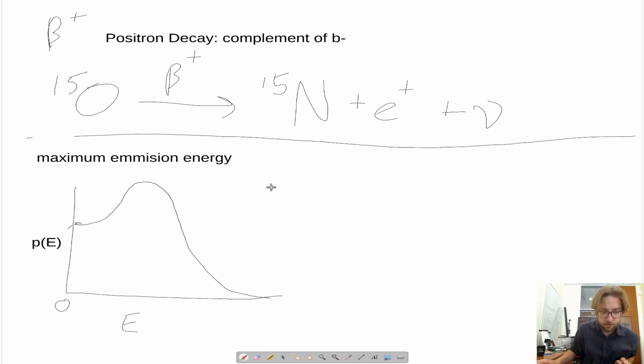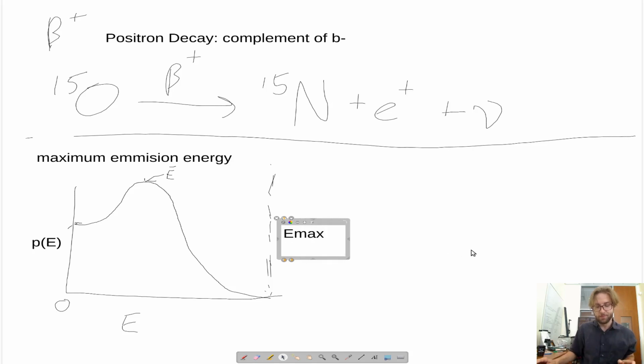So this point right here is what we'll call E bar, the max likelihood energy, and this line here is what we'll call E sub max.